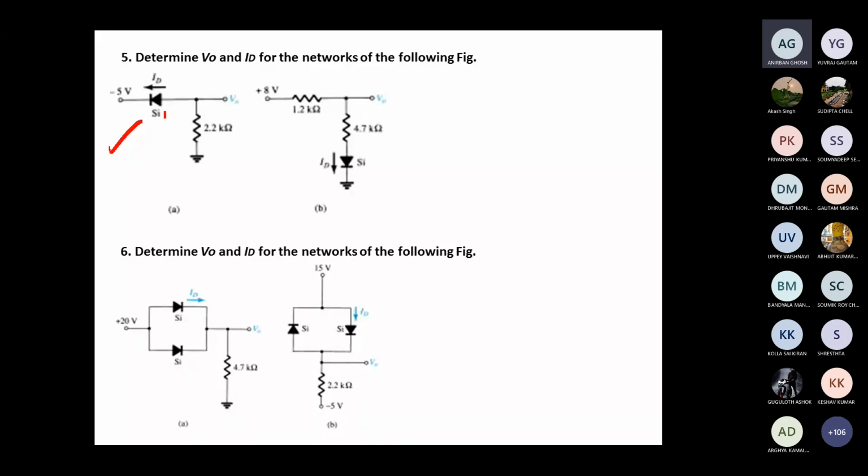Sir, in the first case, V naught is minus 4.3. Yes, sir. And ID, so it's around 2.25 something. So ID is 0.3 something milliampere.